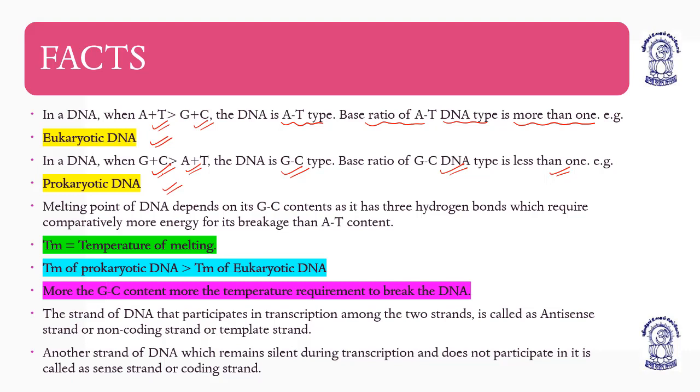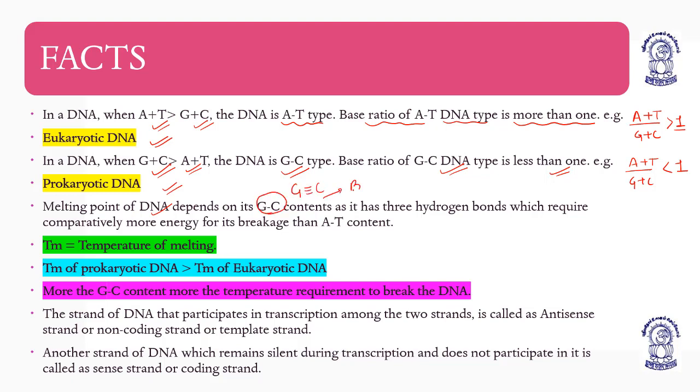Eukaryotic DNA has A plus T greater than G plus C, so the base ratio A plus T upon G plus C is greater than 1. In the case of GC type, A plus T upon G plus C is less than 1. The melting point of DNA depends upon GC content, as GC has triple hydrogen bonding.